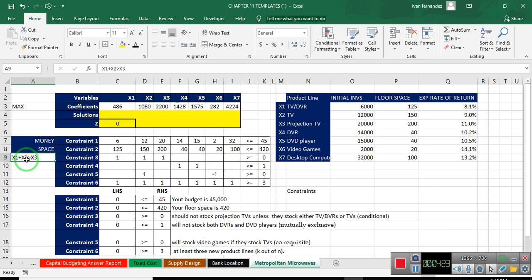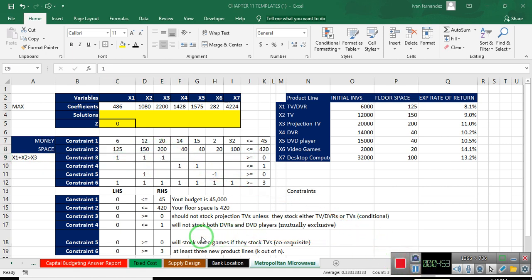You cannot have some on the left side and some on the right side. So you do a little bit of math and you move the X3 to this side, turning into a negative X3. That's why this becomes -1. So we have X1, X2, negative X3, because X3 goes to the other side, and then greater or equal to 0. Okay, so that's the first one.